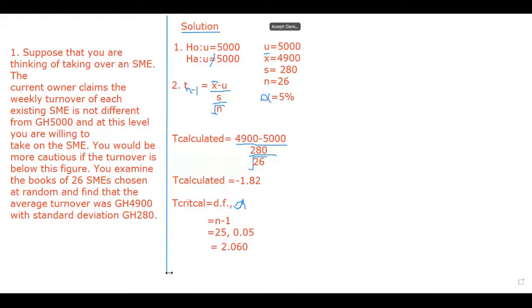Now, with the third step, you are going to make decision and conclude. The conclusion will be the last step. So we are going to use the 2 approaches. So first of all, let's look at the critical value approach.